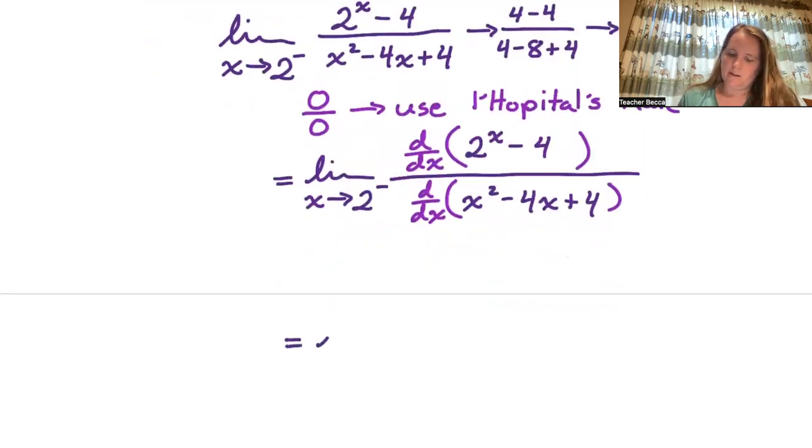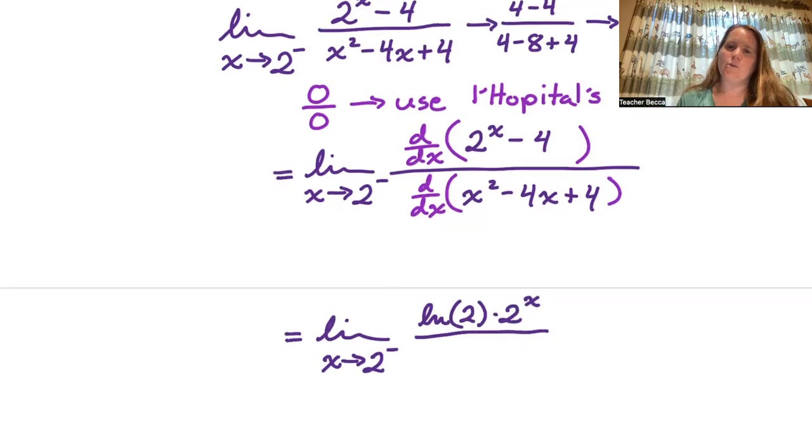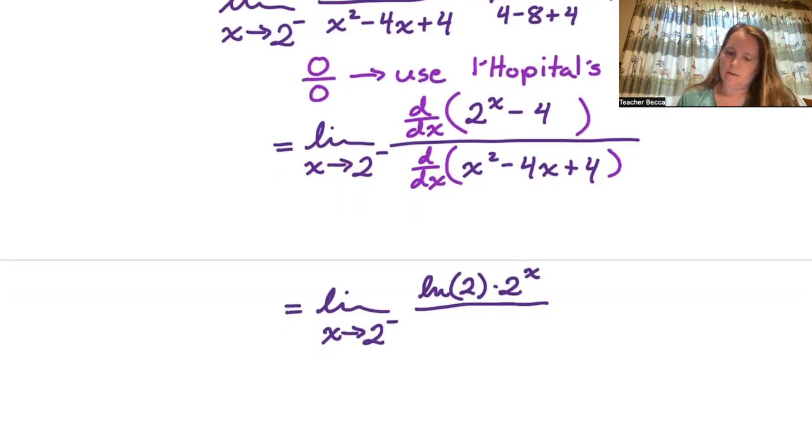The derivative of 2 to the x minus 4 is 2 to the x times the natural log of 2. So we have the natural log of 2 times 2 to the x up top. The derivative of x squared minus 4x plus 4 is 2x minus 4.